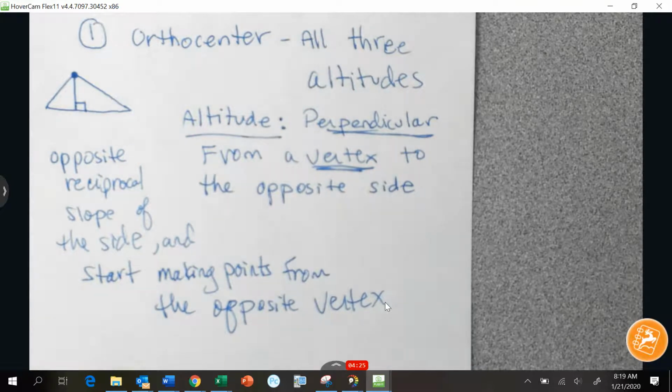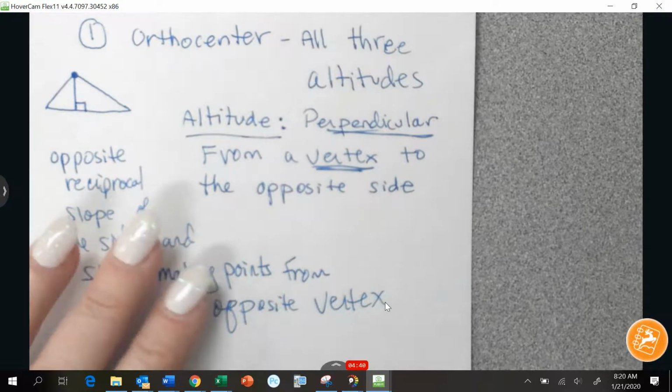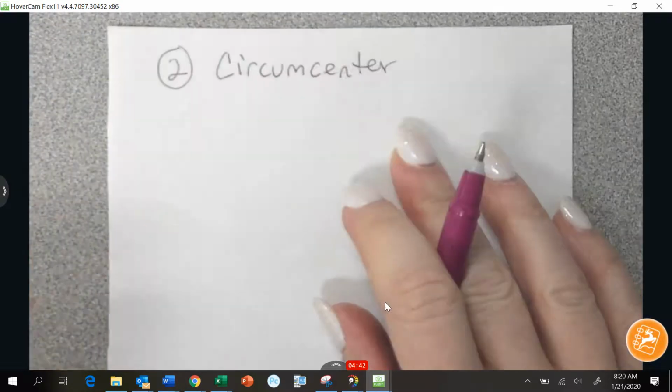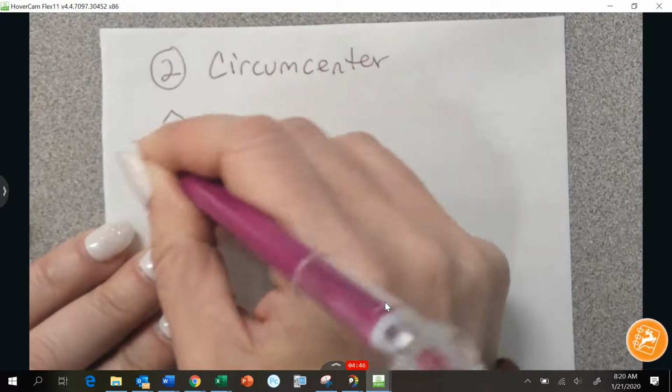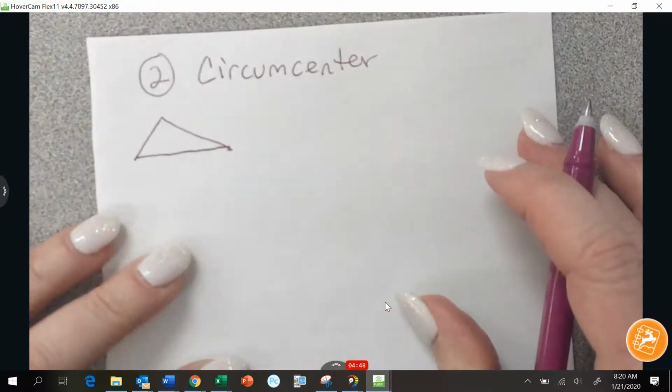Let's start a second one. This time we're going to talk about the circumcenter. The circumcenter.